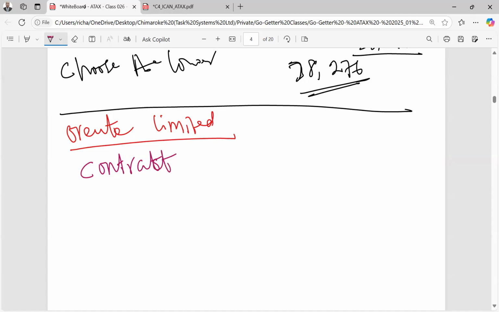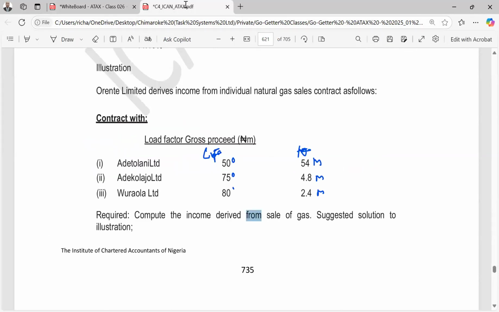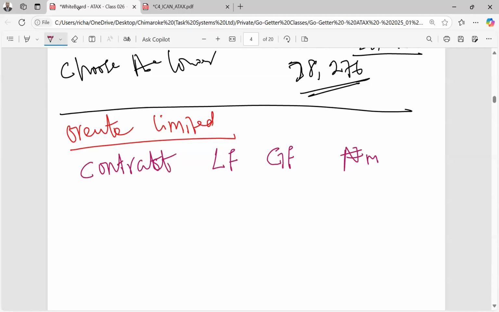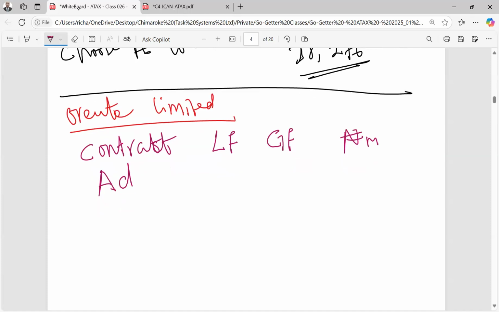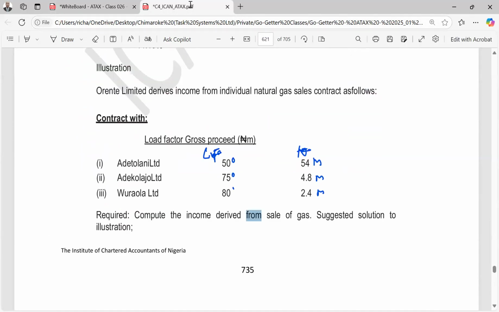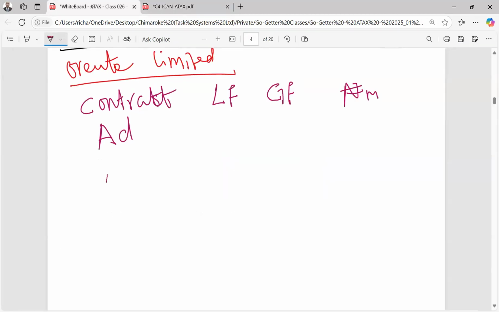These are the load factor. We call this the gas factor, and the value in millions. Let me call this one AD, this one AK, and this one W.